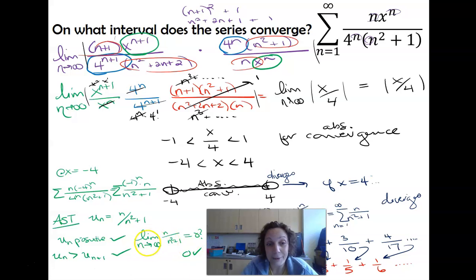Check. This thing passes the alternating series test. It fails if you take away its alternatingness, but if you let it alternate, it will converge. So over here at x equals -4, we have conditional convergence.